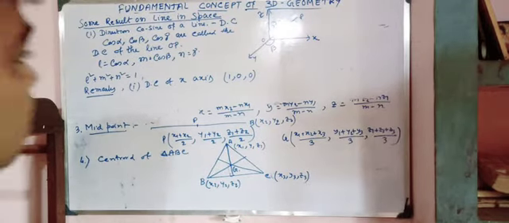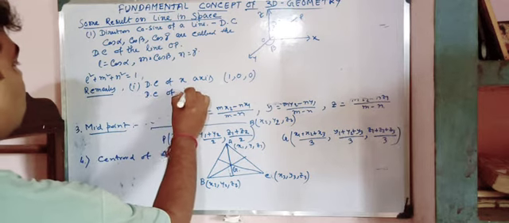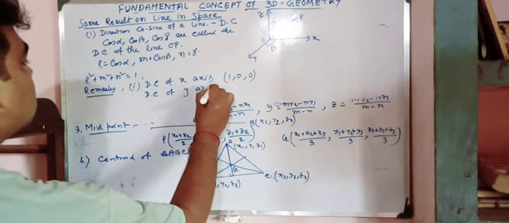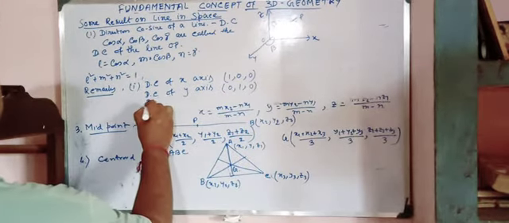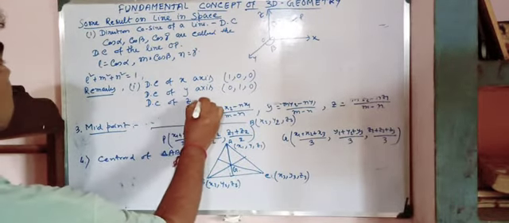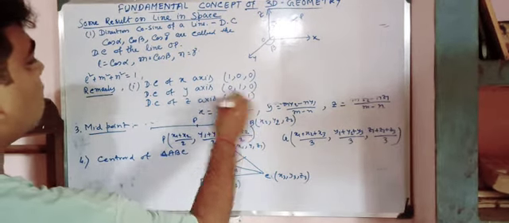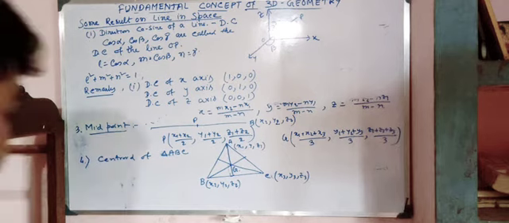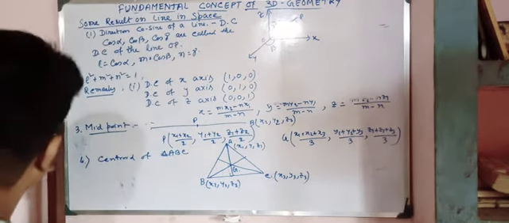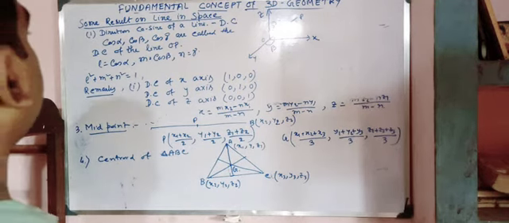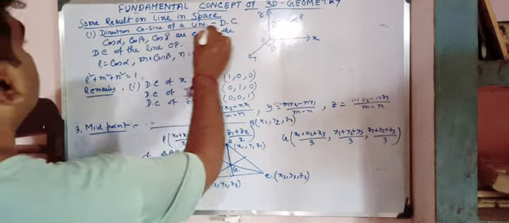The direction cosine of the y axis is 0, 1, 0. The direction cosine of the z axis is 0, 0, 1. So this is the direction cosine, or DC, of a line.